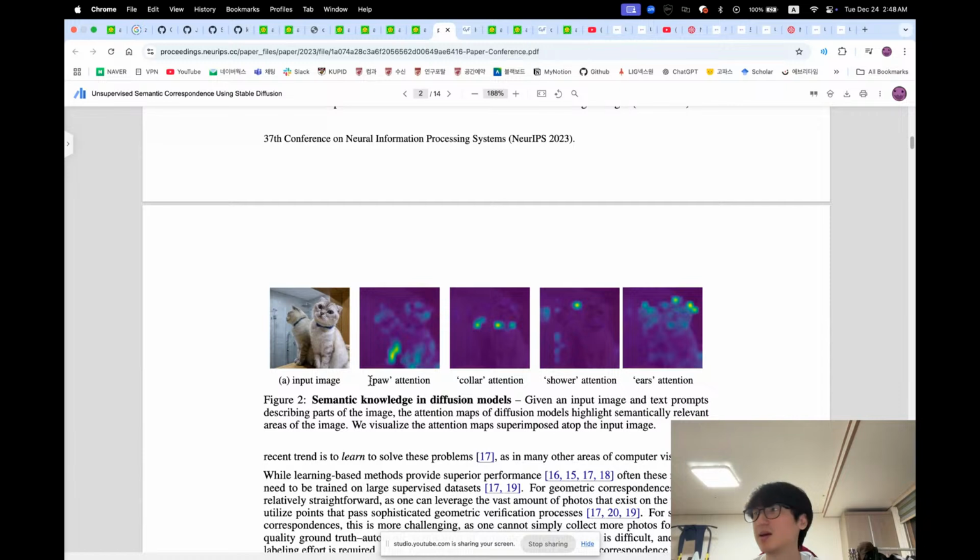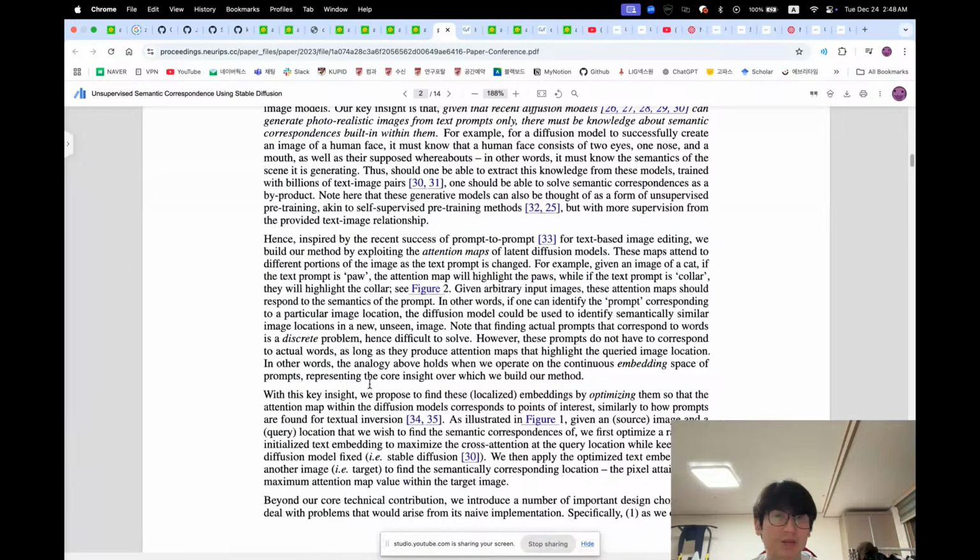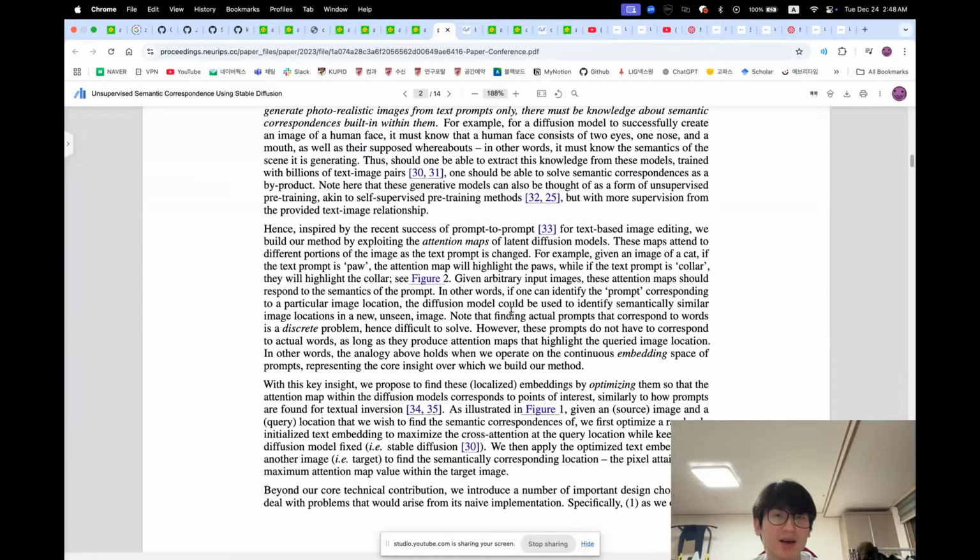Let's say a word that doesn't even exist, like algomi. If I insert the word algomi and it gives a higher attention in this paw region, I can just use that algomi word instead of paw. So when it's saying that, finding the best word means not needing natural words to validate the correct image location.